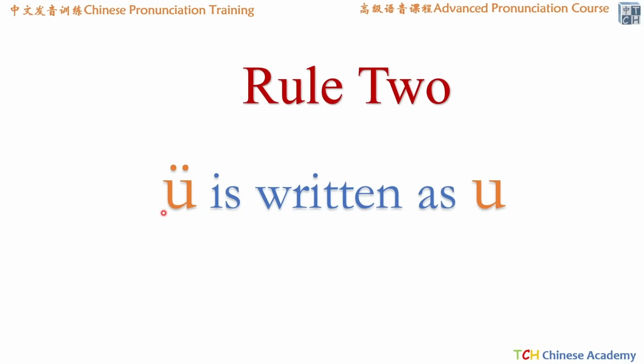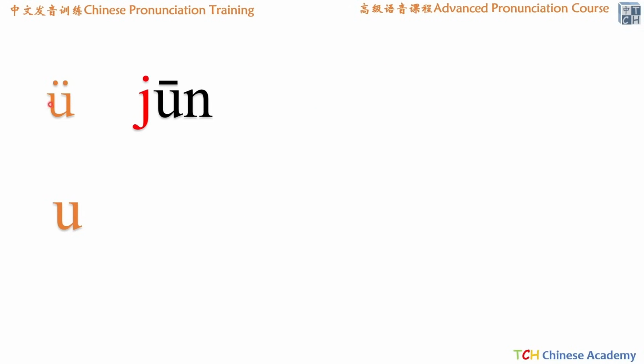This happens when the ü comes after the initials j, q, x, because ü only goes with these 3 initials, j, q, x, and ü never goes with other initials. So this is why ü is written as u and there is no confusion. So this final is pronounced yun. Why? Because it follows the initial j.